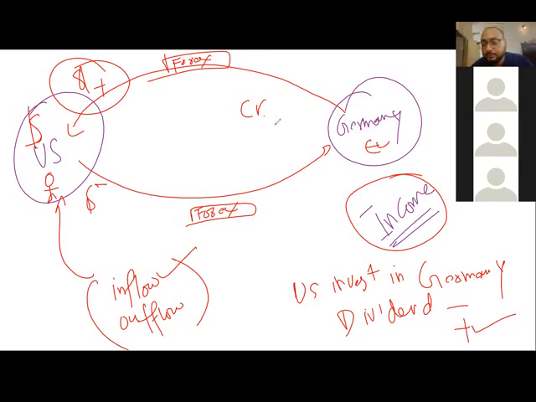Sorry, sir, I have a question. Suppose in the case you said, the US invests in Germany and they will receive the dividend, but it's on credit because it takes time to exchange the money, transferring the money, right? Of course.